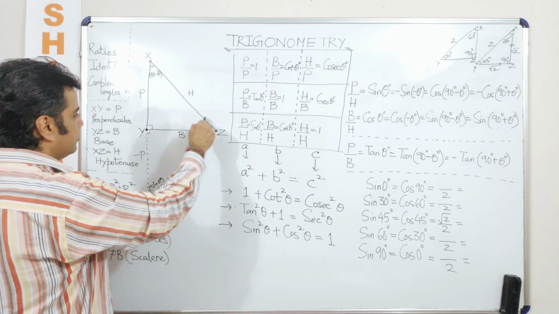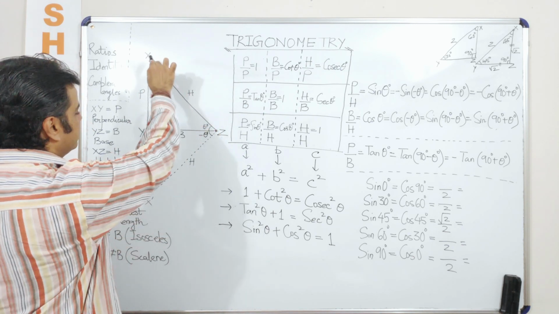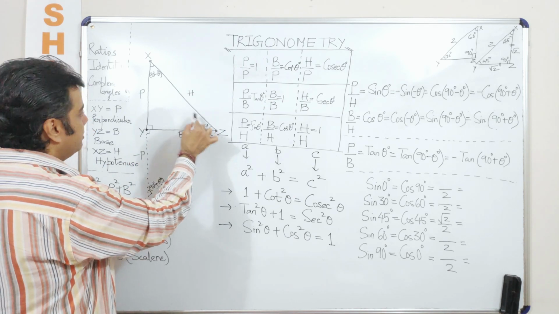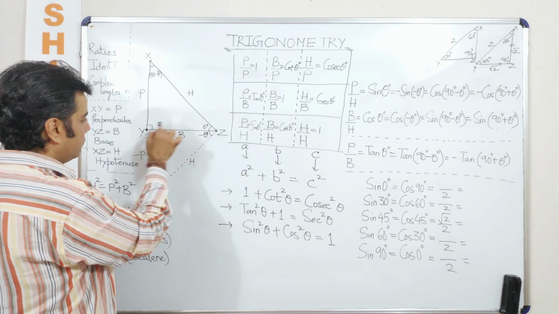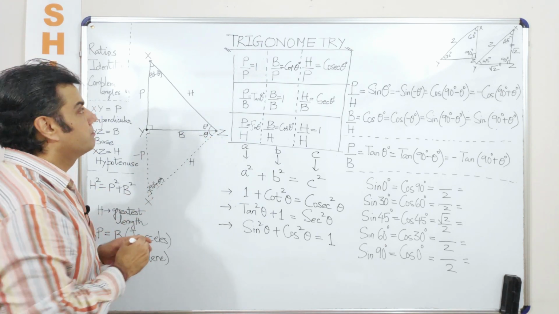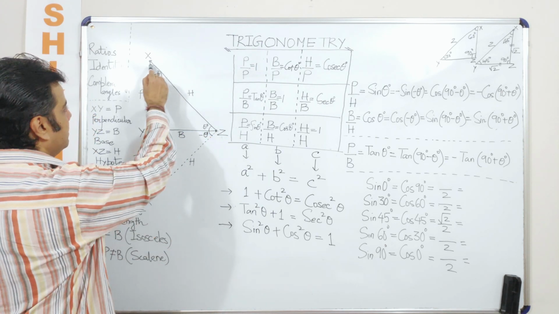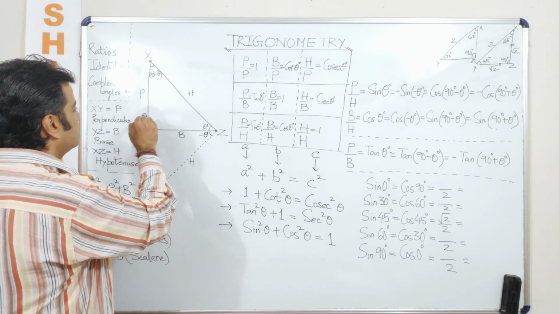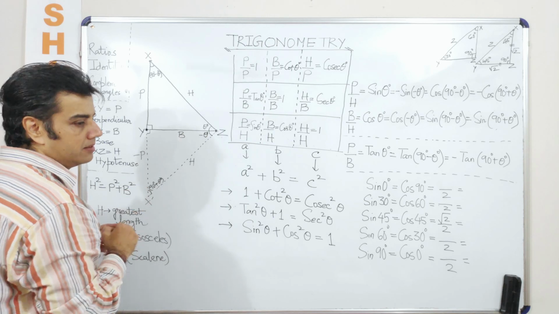Now, these are three vertices, the right angle is at y, and I have assumed angle x, z, y as theta degrees. Therefore, what is the remaining angle here? The remaining angle here is y, x, z.